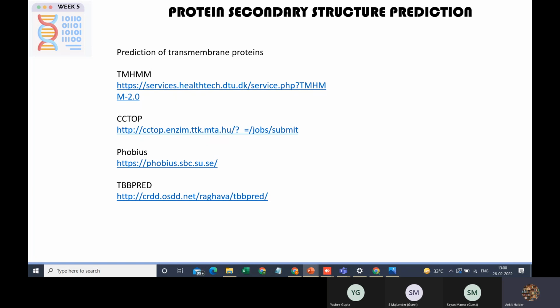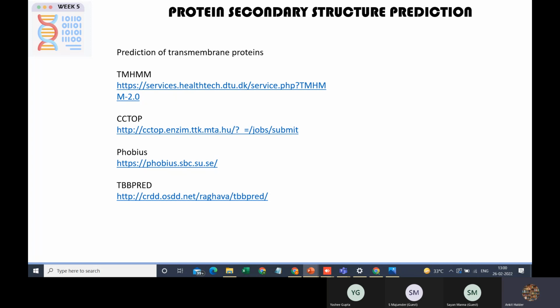The algorithms generally used for identifying alpha helix and beta sheet in a normal protein become a little bit difficult to apply in the case of transmembrane proteins. So different kinds of tools have been developed particularly to detect transmembrane proteins.